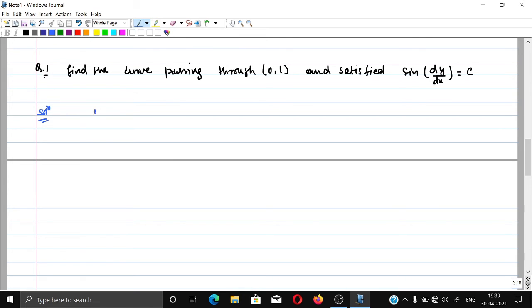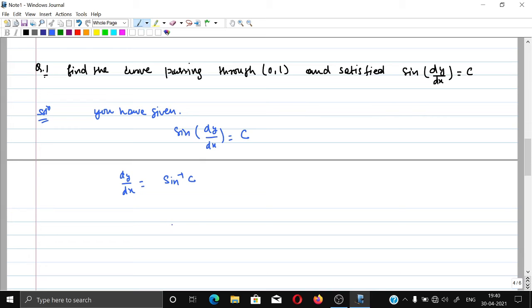So you have given sin(dy/dx) = c. You can rewrite this equation in the form dy/dx = sin inverse c.